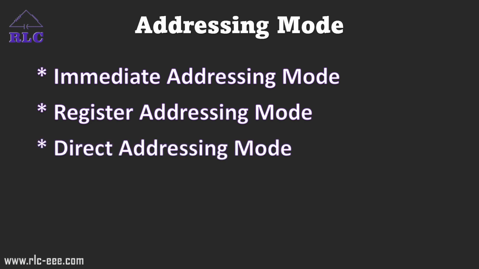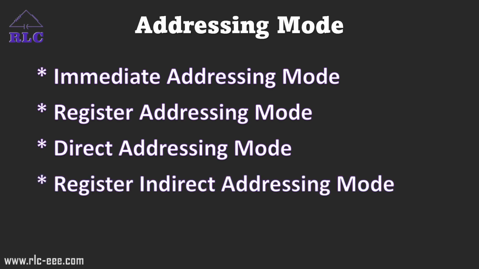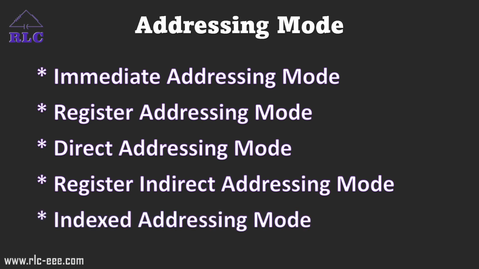Then in direct addressing mode, direct memory locations are used. Next, in register indirect addressing mode, we'll be using the register as a pointer. Finally, we have the indexed addressing mode, which is used to read the code memory.